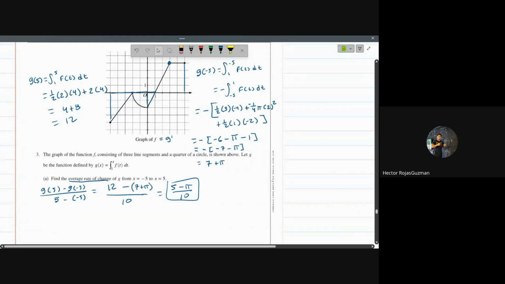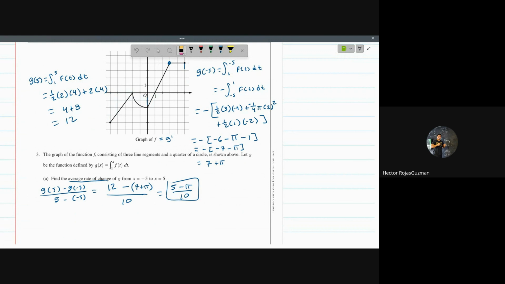Looking at the graph, I want you to focus on the slope. The slope is positive here, negative, positive, and 0.